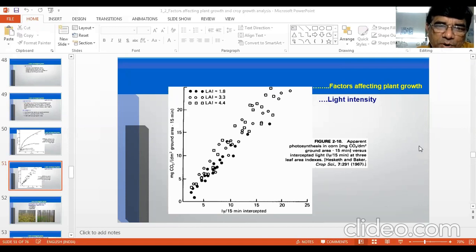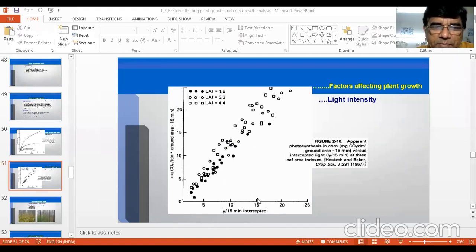But the increase is more when you have higher leaf area index. You can see 4.4 is represented by squares, 3.3 by hollow circles, and 1.8 leaf area index by solid circles. The solid circles are on the lower side, and you can see responses up to 15.